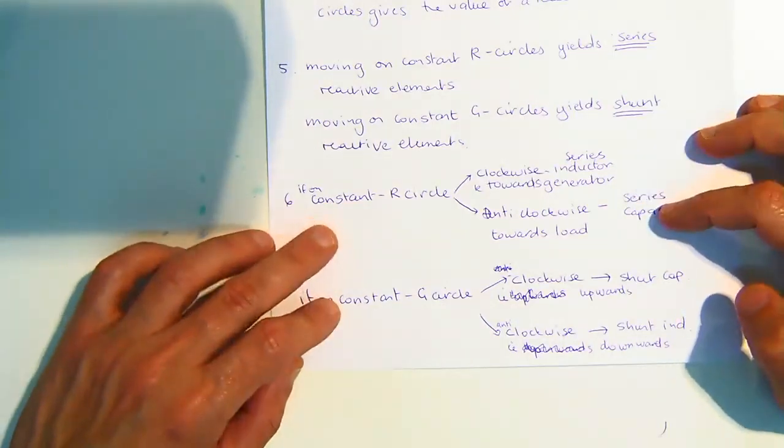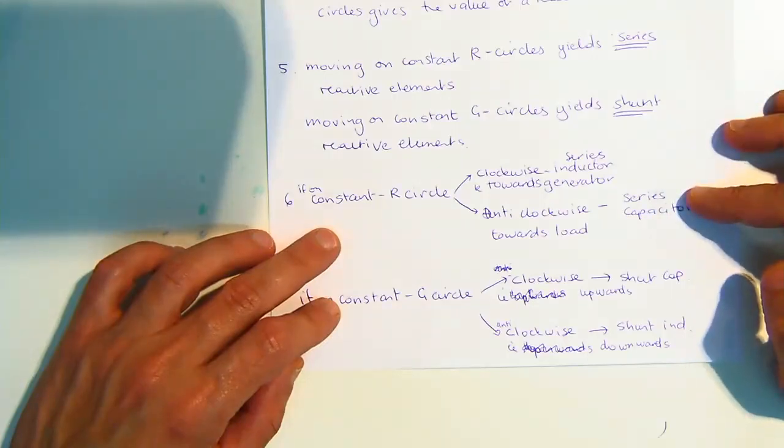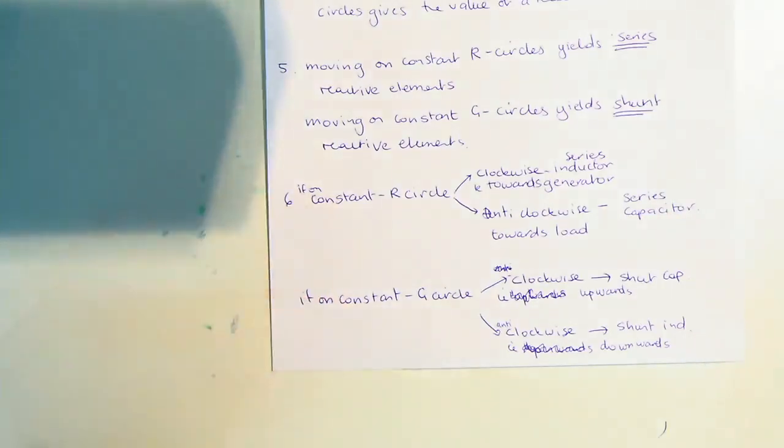And if you're moving anti-clockwise, you're adding a series capacitance, right? If you think about it, if I'm going up, I'm adding inductance. I'm going down, at least if I'm in series, I'm adding capacitance, right? That's where that comes from.